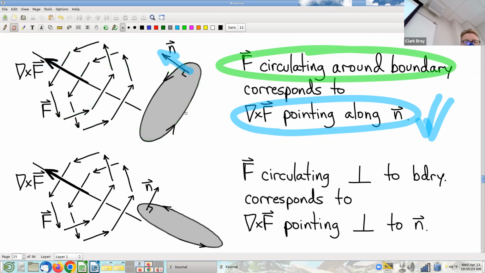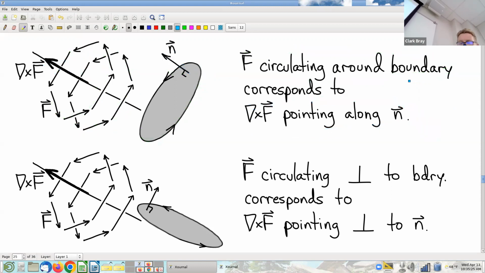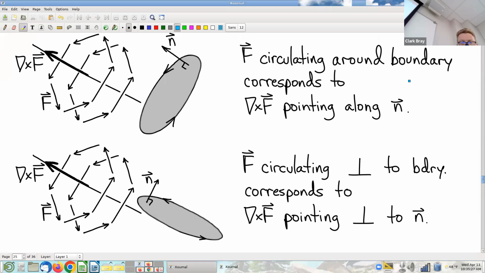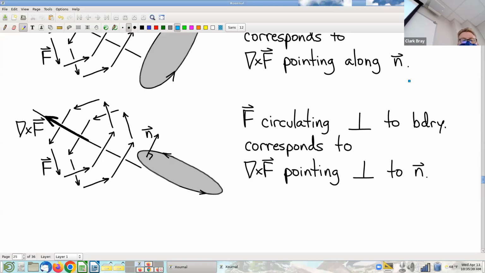Okay, now by contrast, let's look at this scenario here. So I'll zoom up a little bit. This is a kind of disappointing scenario, but here's my vector field. There's a big tornado going around that line.